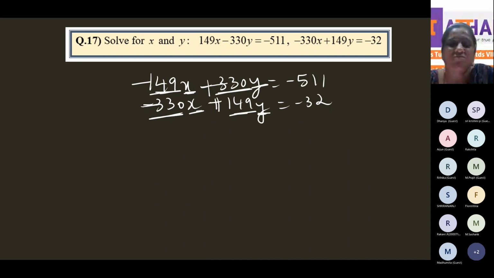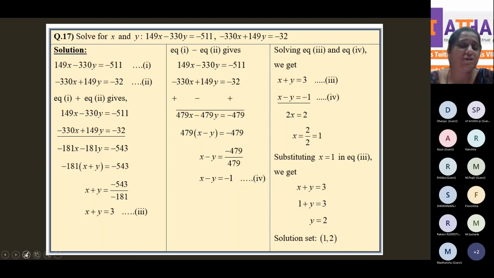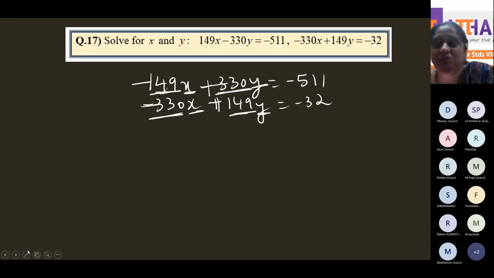The coefficient of x in the first equation is the coefficient of y in the second equation, and the coefficient of y in the first is the coefficient of x in the second. If the equations are like this, then we use a special method to solve them. Only when the coefficients are exchanged, you can use a special method.